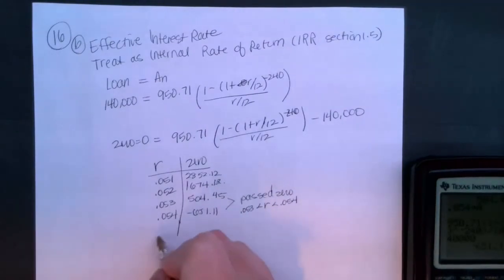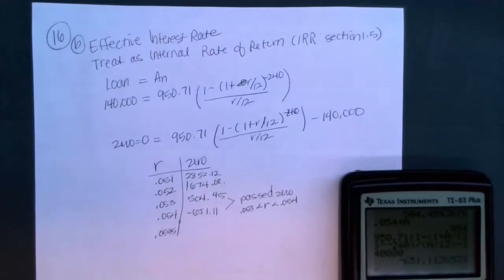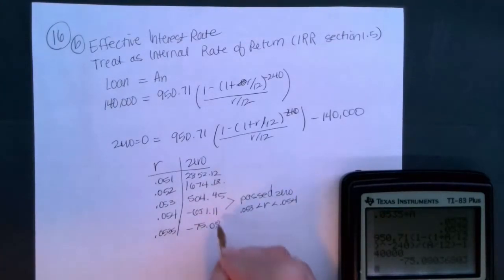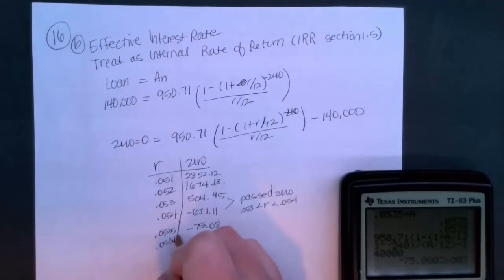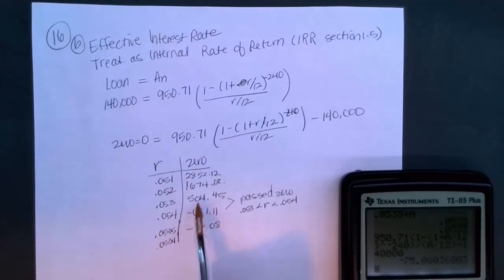Okay, so let's go straight in the middle, try 0.0535, because we usually want to go to 4 decimal places. Store that as my A. Run it again. Negative 75 and 8 cents. Oh, that's pretty close. So we're still a little over, so let's try 0.0534, because that was the positive direction.